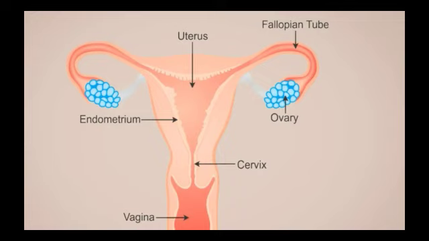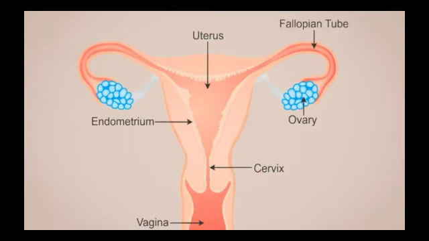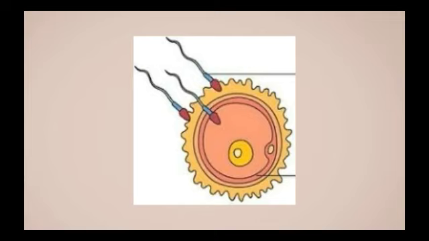This ovum matures and waits for fusion with the sperm cell, the male cell. Once the sperm cell meets the ovum, fertilization happens. Even though many sperms reach the ovum, only one sperm will be able to fertilize it.